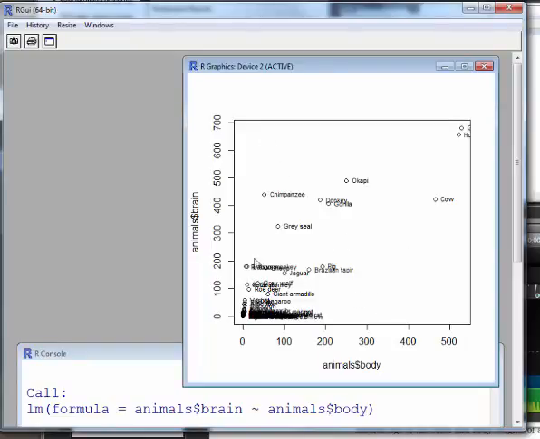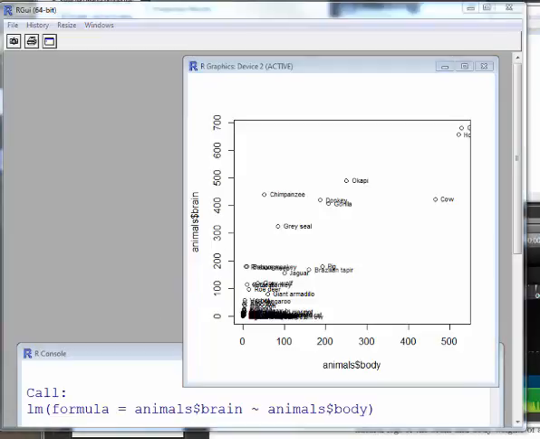As the body mass gets larger, there's still this fanning out behavior. What we can do a lot of times is take data transformations. If we don't satisfy that linearity assumption, then we can subject either one or both variables to some transformation.